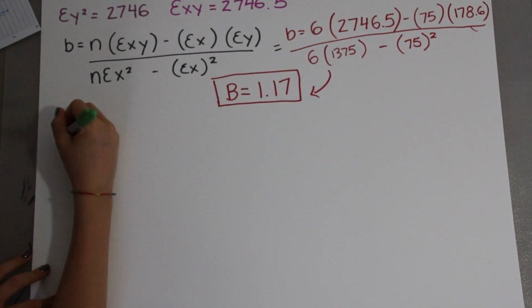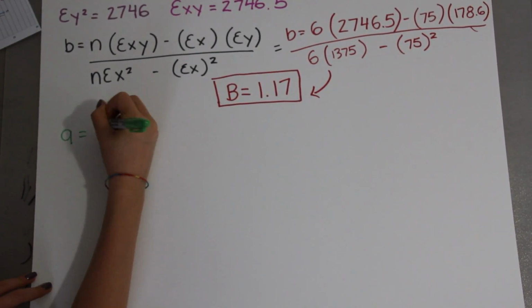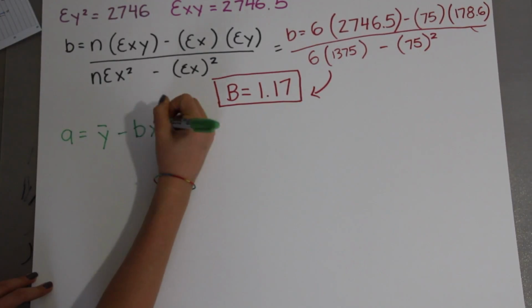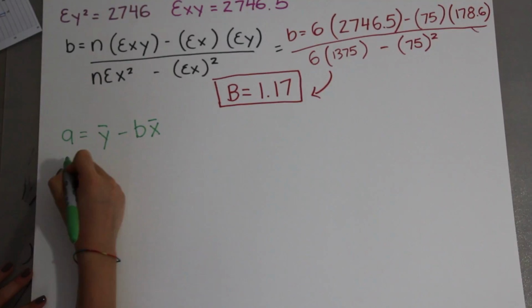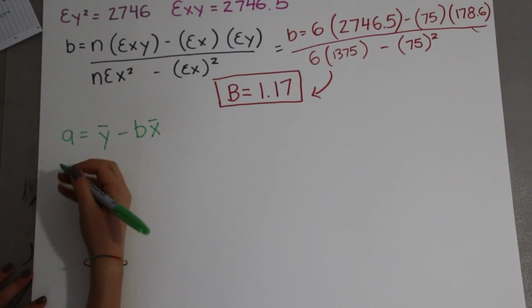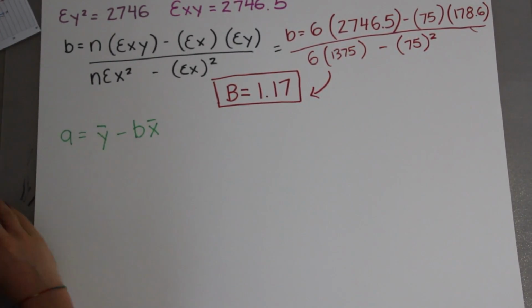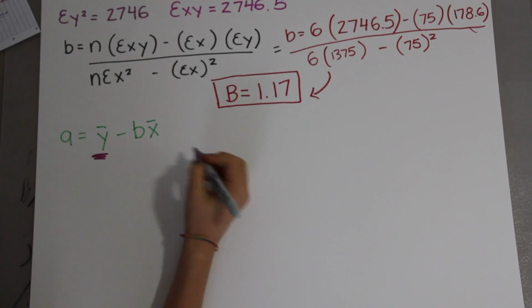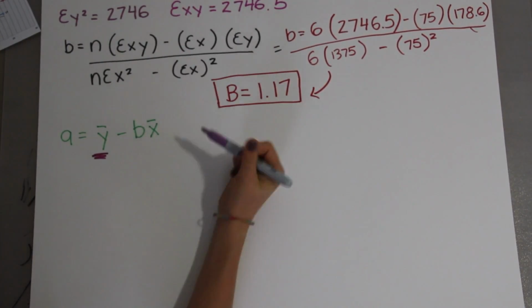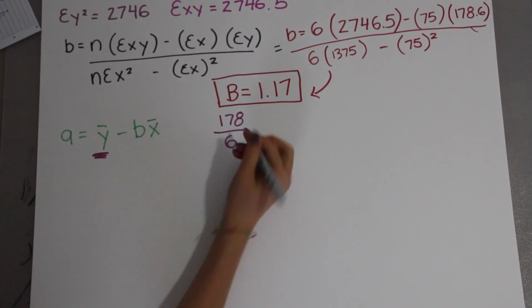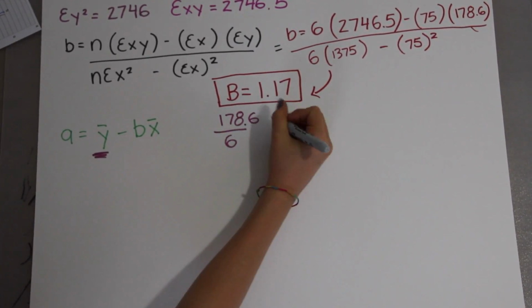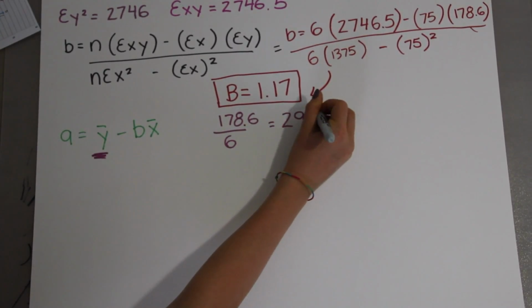Now that we found b, we can find a using the formula a equals y bar minus b x bar. The bar on top of the x and y means that you have to find the mean, meaning the average. First, find the mean of y by dividing the sum of y, which is 178.6, by the number of items, which is 6.